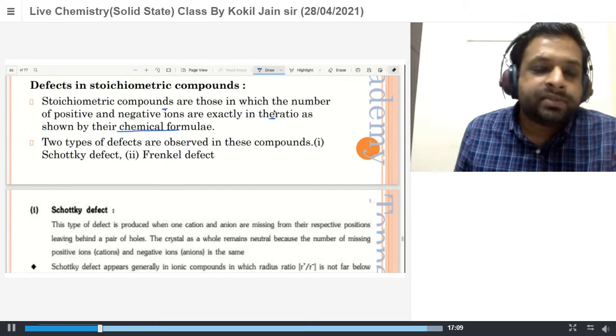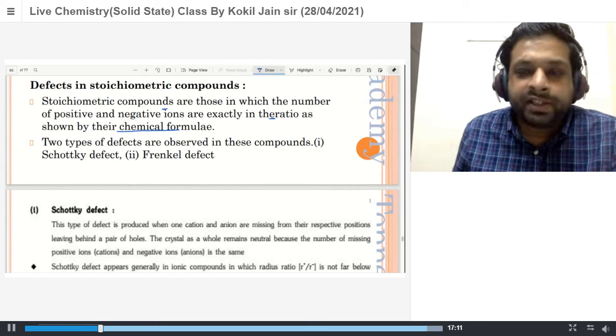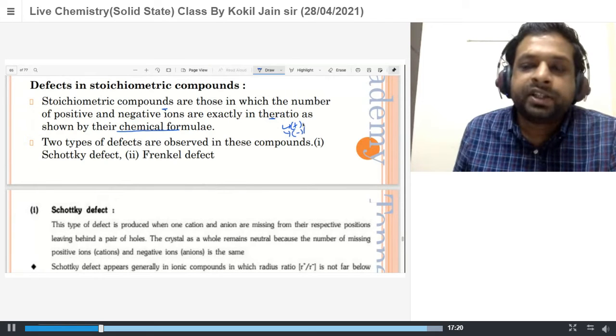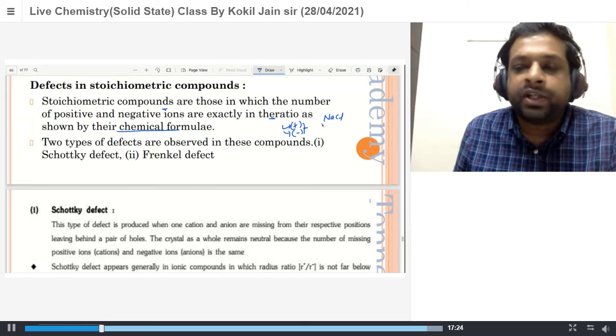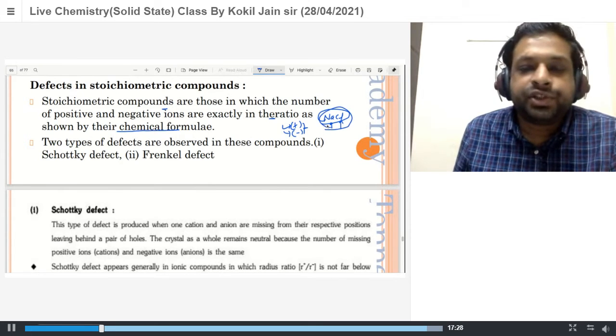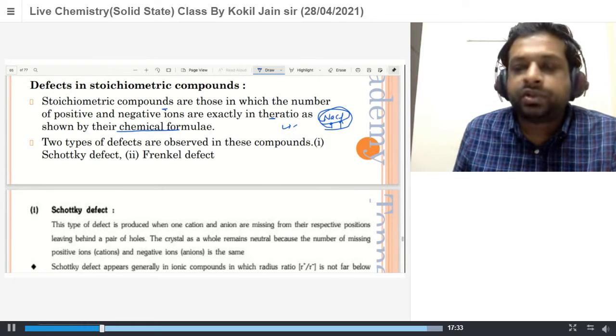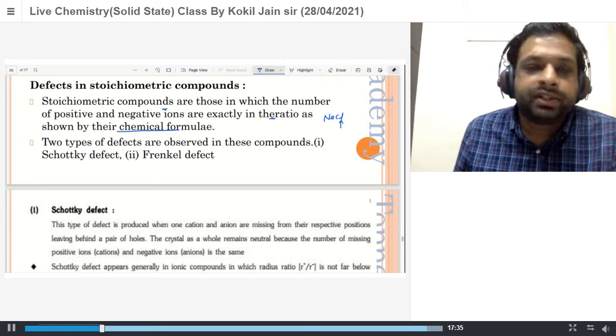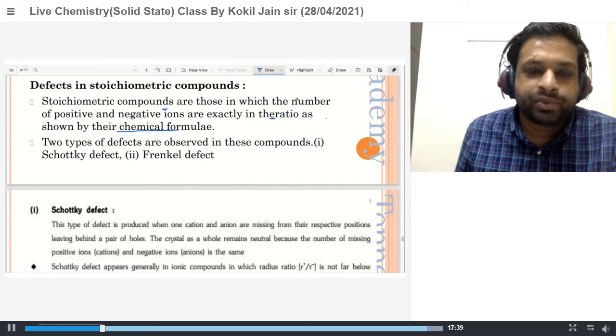That means if one positive ion and one negative ion are removed as per their ratio, let's say in an NaCl type of structure, one Na and one chlorine, then the ratio is going to remain so. This is what we are going to see as defects in stoichiometric compounds.